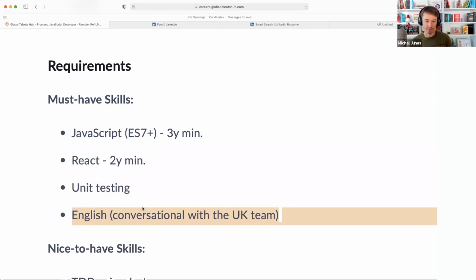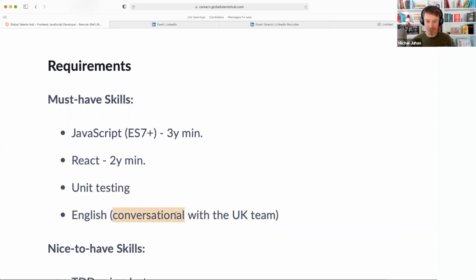The developer needs to be able to discuss on Zoom. One thing is just to type on Slack, and the other thing is to talk to native speakers. It's always more challenging. Even in my case, when I talk to someone who is not a native speaker, I feel a little better because we are in the same boat. But when I talk to some Irish guy, that's crazy.